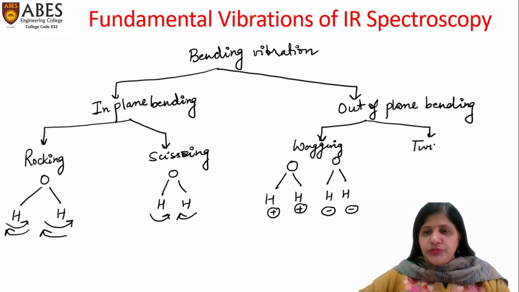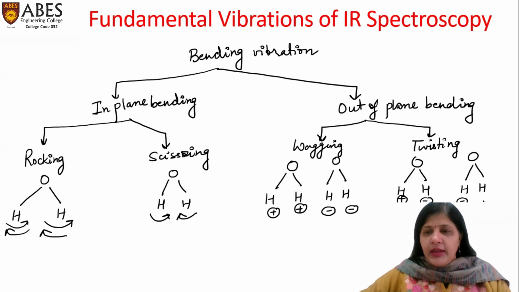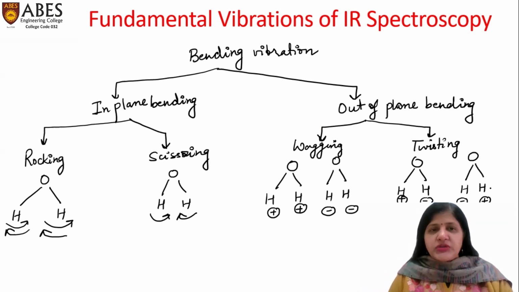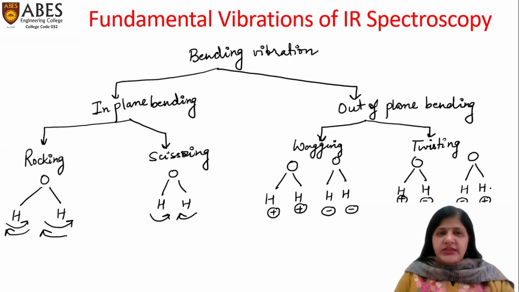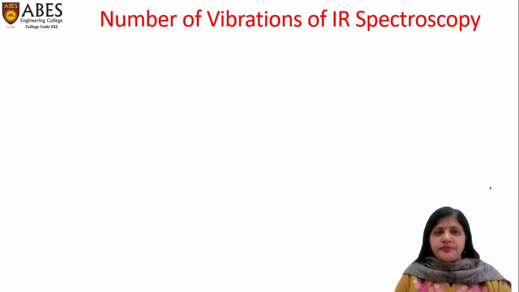In twisting vibration, bonds vibrate alternately: plus sign here and minus here, so one bond vibrates above the plane and the other below the plane, just like the steps of a twist dance. So these are the bending and stretching vibrations, the fundamental vibrations of IR spectroscopy.